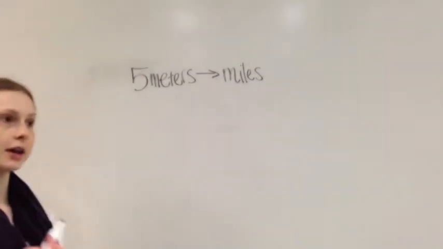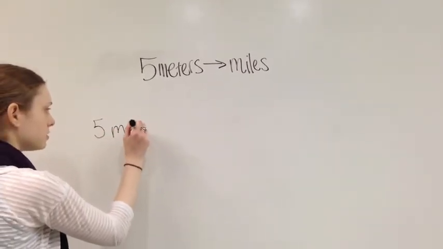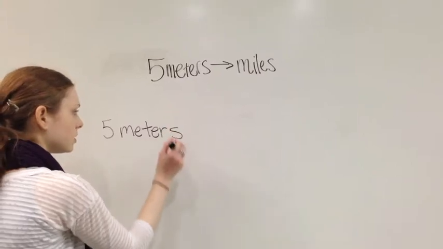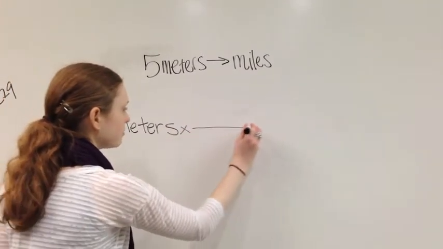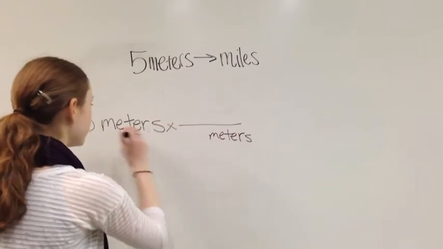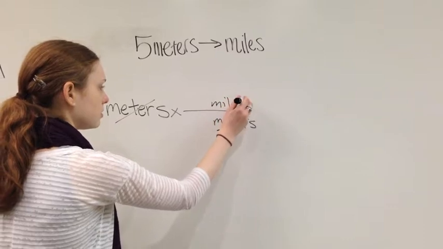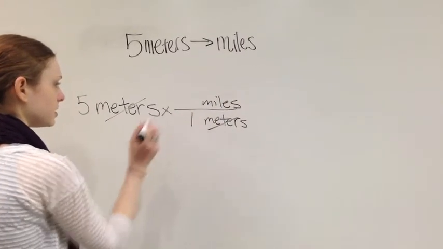While doing this conversion, we're trying to find out how many miles are in 5 meters. So we start with 5 meters, and we set up a fraction with meters in the denominator so that we can cancel out the units. And then we want to know how many miles are in those meters, so in 1 meter.